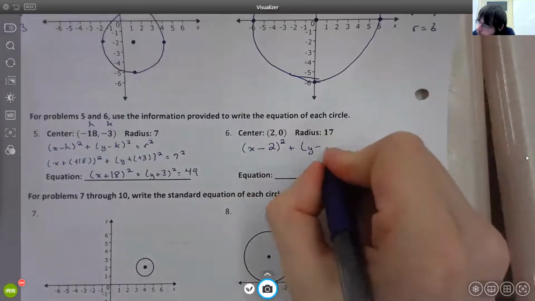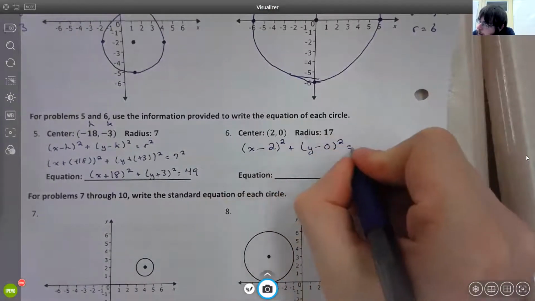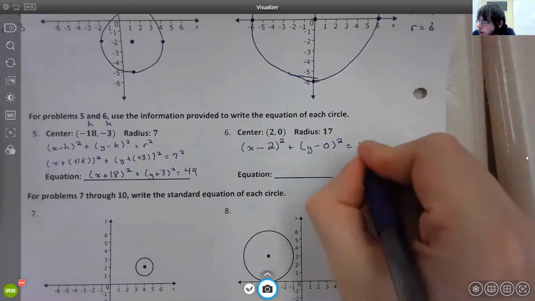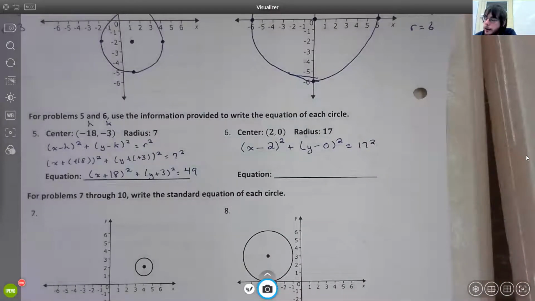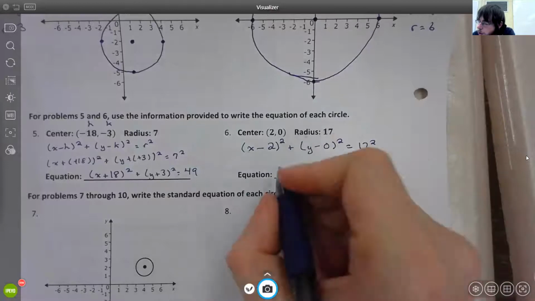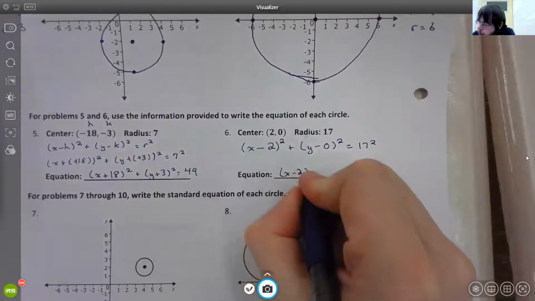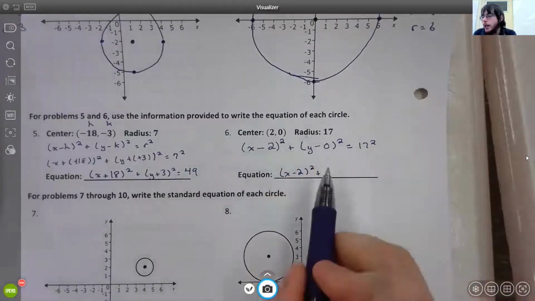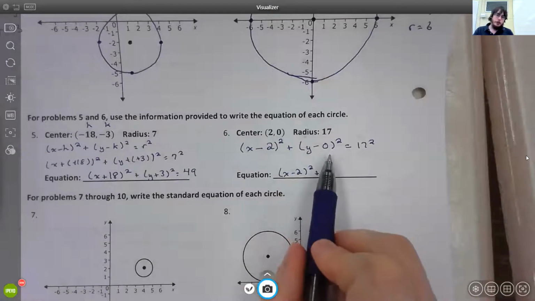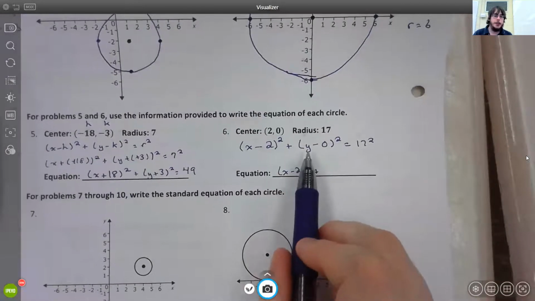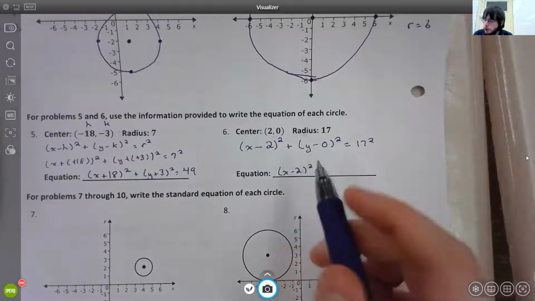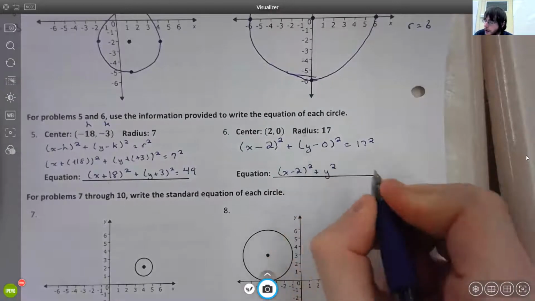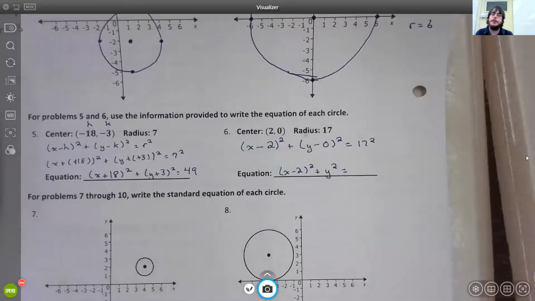Well, k is 0, and then equals r², so that's 17². Now the (x - 2)², there's nothing to do with it, so we just write that down. If we do y minus 0, that is the same as y, so this will be plus y², and then 17² is 289.